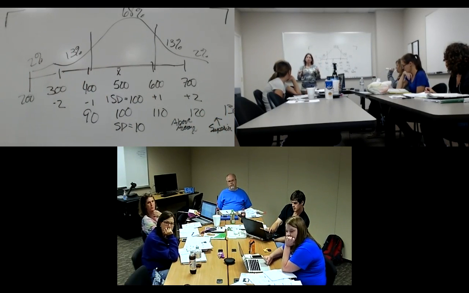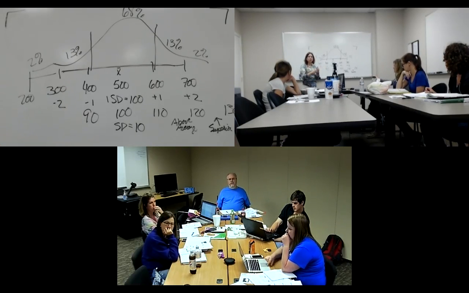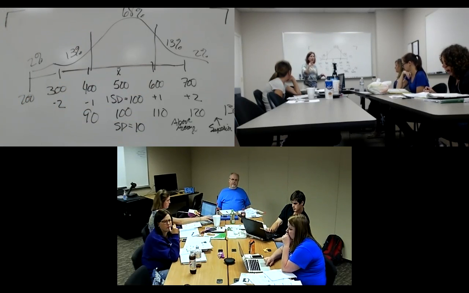So when they talk about norming standardized tests, that's what they're doing. They're calculating the average score on the test. They're calculating the standard deviations. So then we know relative to everybody else in that sample where that person's score fell.